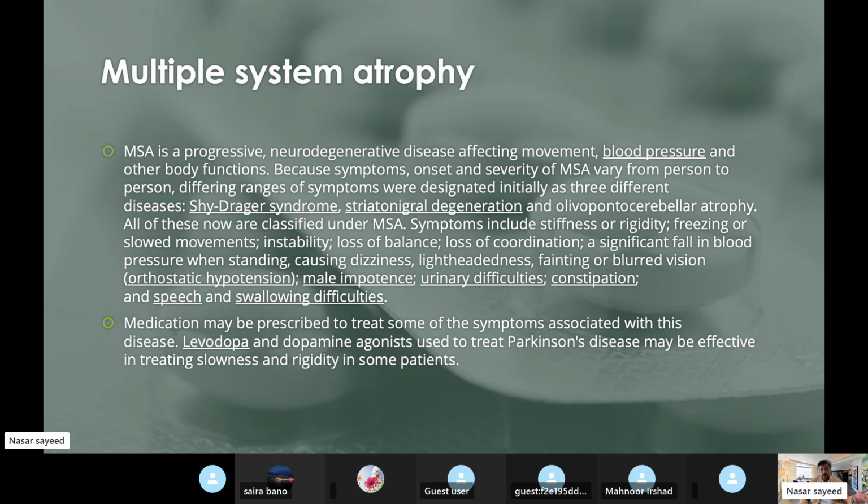So that is one of the treatments which is recommended for patients who are having severe stiffness in cerebral palsy. Same goes here as well.